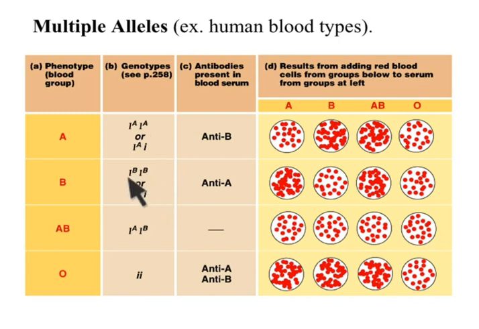B alleles also are dominant, and we'll have the I with the uppercase B, but the O allele is written as lowercase, which is why it is recessive.